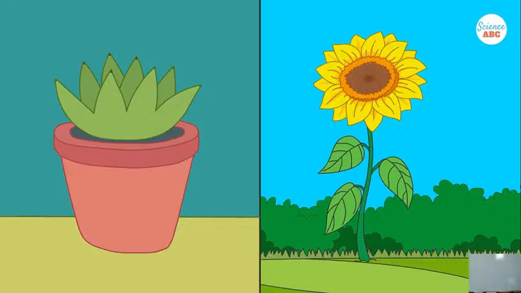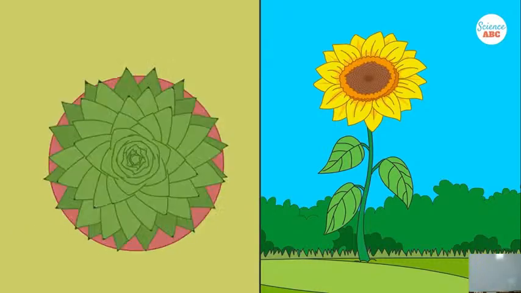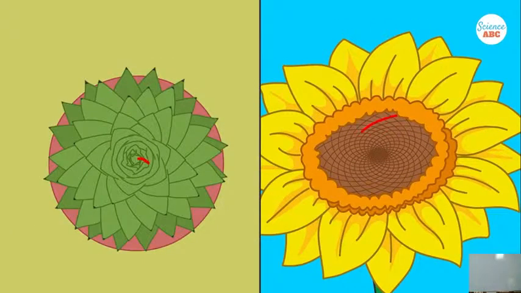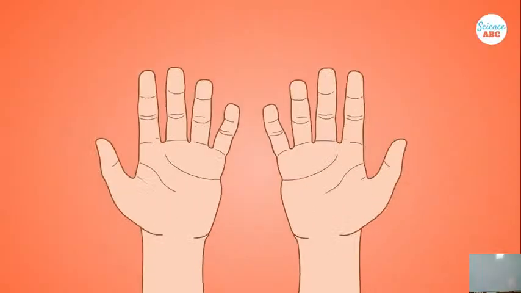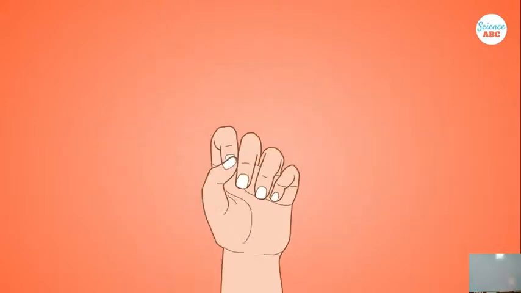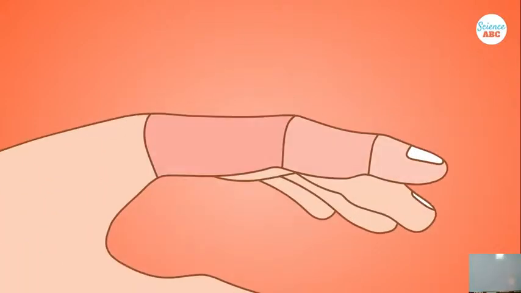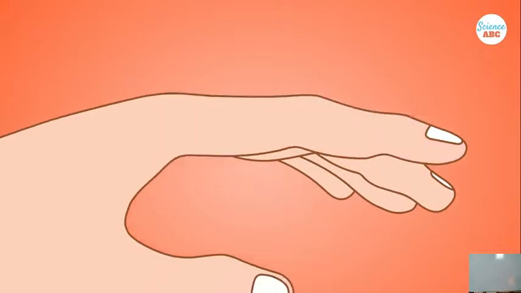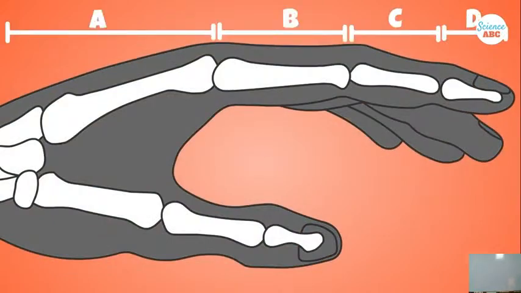The leaves of cacti and the seeds of sunflowers are arranged in both left and right-handed spirals. The numbers of seeds or leaves in these spirals are also generally in the Fibonacci sequence. We have two hands, both of which have 5 fingers, and each finger is divided into 3 parts. All of these numbers are also Fibonacci numbers. Moreover, the lengths of the bones in our hands also fit into Fibonacci ratios.